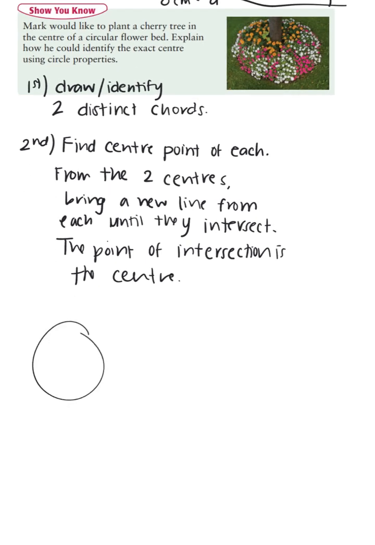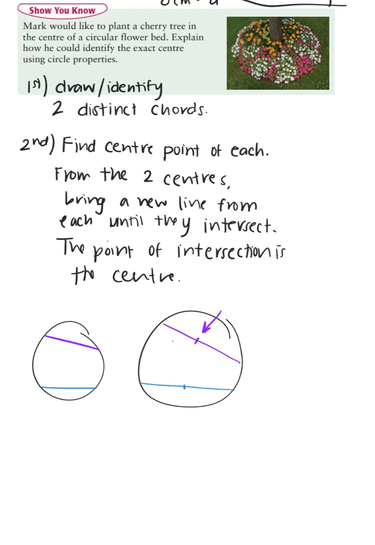So what does this look like? If I was to draw chord AB and chord CD, then I would find the center point of each. Again, we're determining the center.